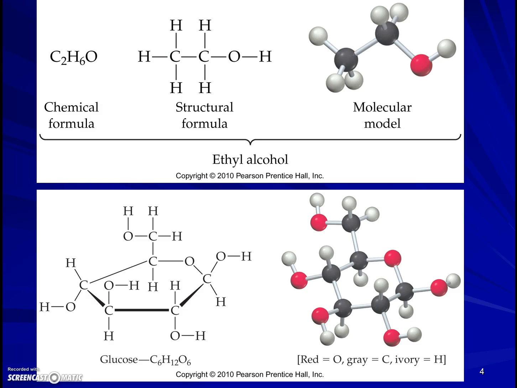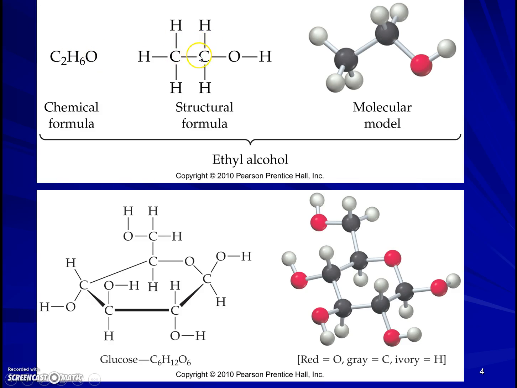So just to get a little bit of a hint on how we represent some of these things, I've got drawings or formulas for two different molecules here. Ethyl alcohol, that's the alcohol that we find in beverages that are for folks over 21. If we write the chemical formula, we write C2H6O.